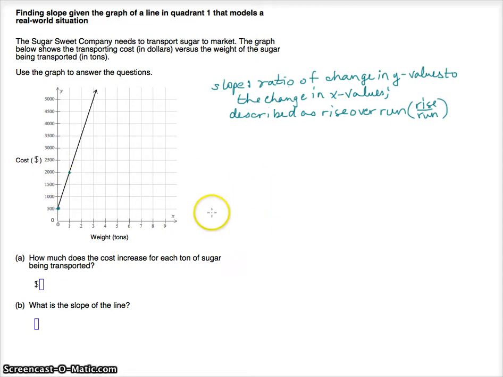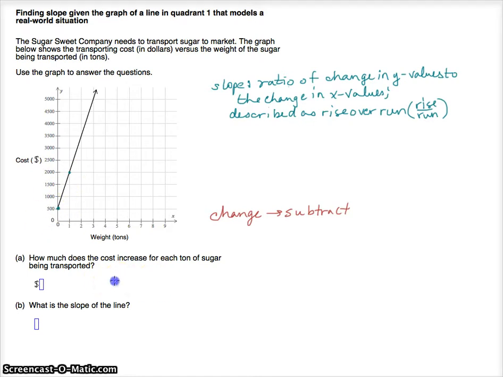Change means subtract, and I think we've already talked about that quite a bit. Change means to subtract. So we're going to subtract our two y values here. 2,000 is what happens after 1 ton of sugar, and its starting point is 500. So we're going to subtract those.